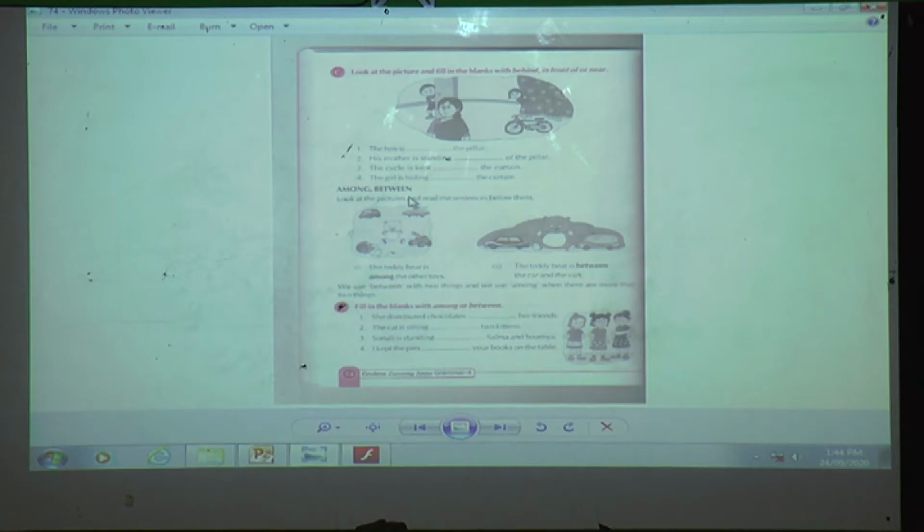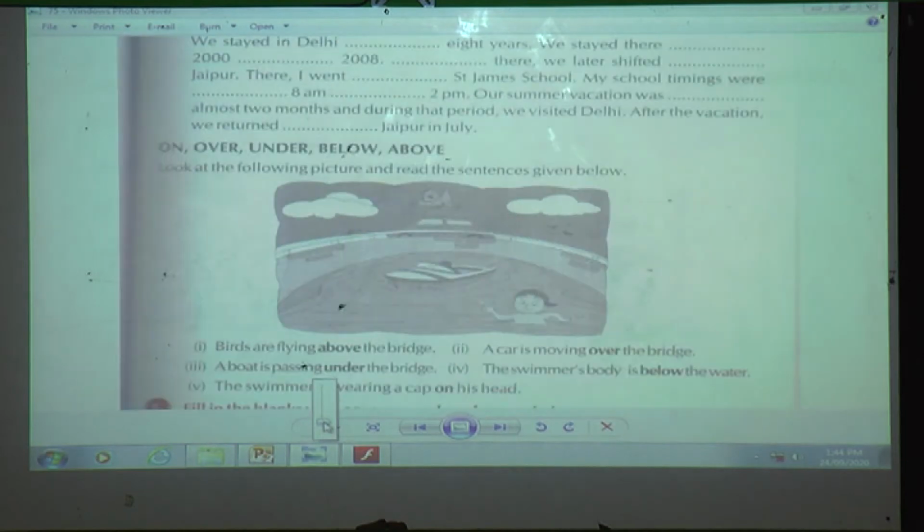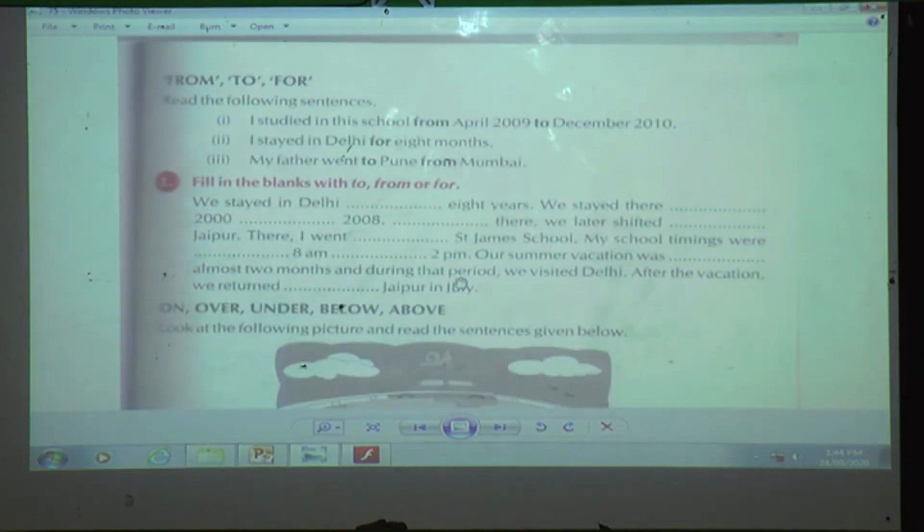Today we are going to start with the same lesson, but the remaining prepositions, on page number 75. I hope, students, you are having your fun with the grammar book.